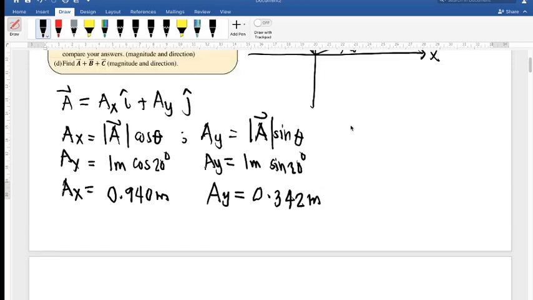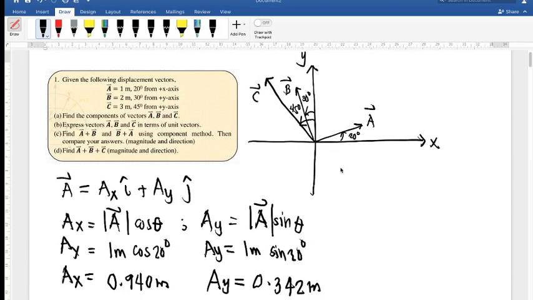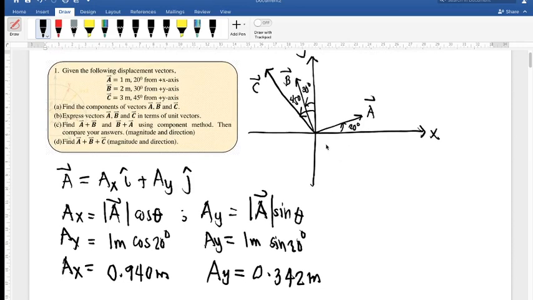Okay? So how about for vector B? For vector B, your angle starts from the y-axis, meaning it is not conventional. To convert this to a conventional angle, you start from the positive x-axis and point it to where B is directed.